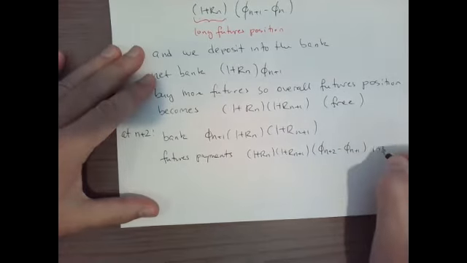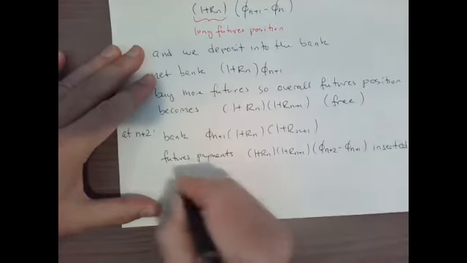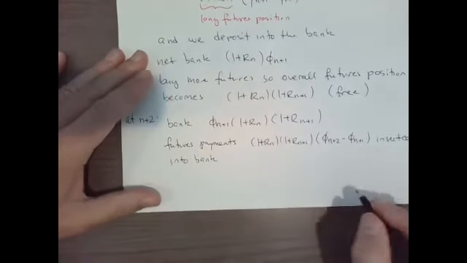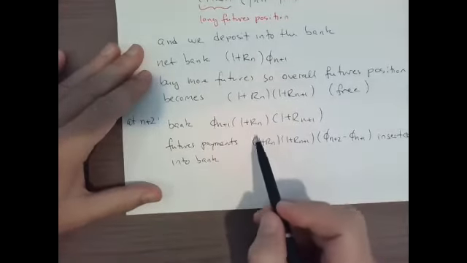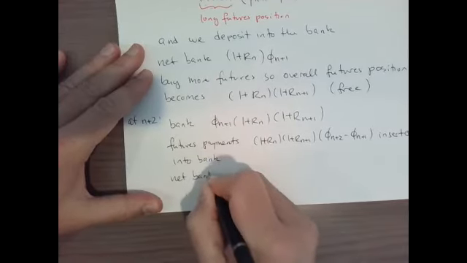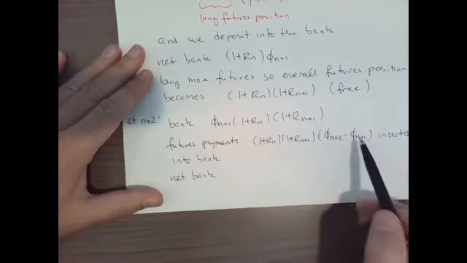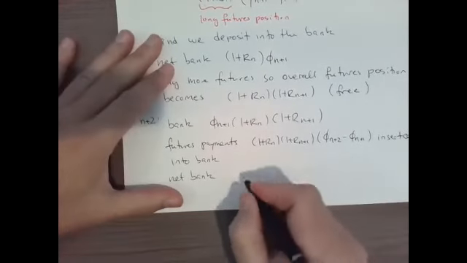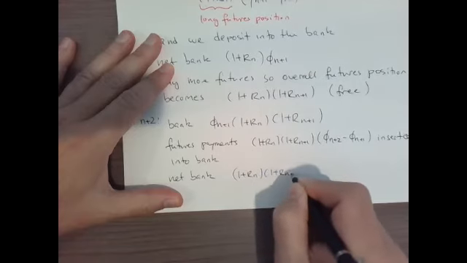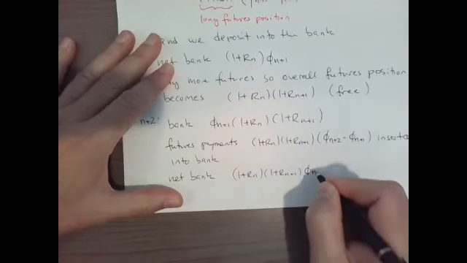And this is going to get inserted into the bank. So then the net bank is going to be the sum of these two. Add these two together, and again, as before, they cancel out. I get 1 plus Rn, 1 plus Rn plus 1 times phi n plus 2.